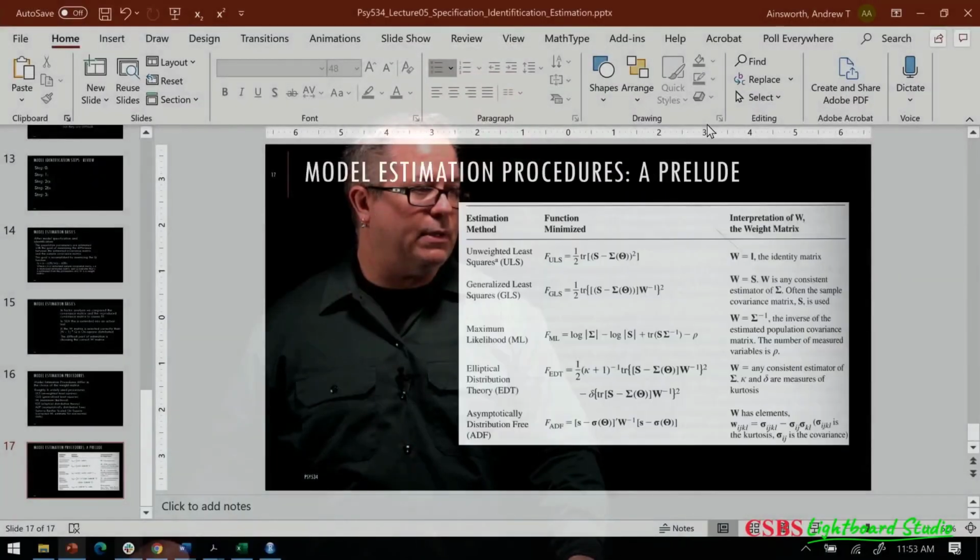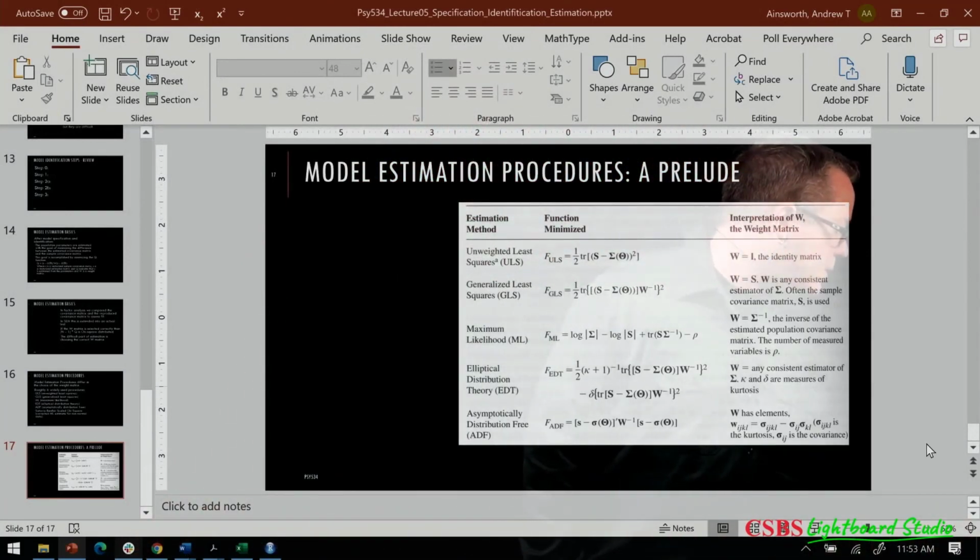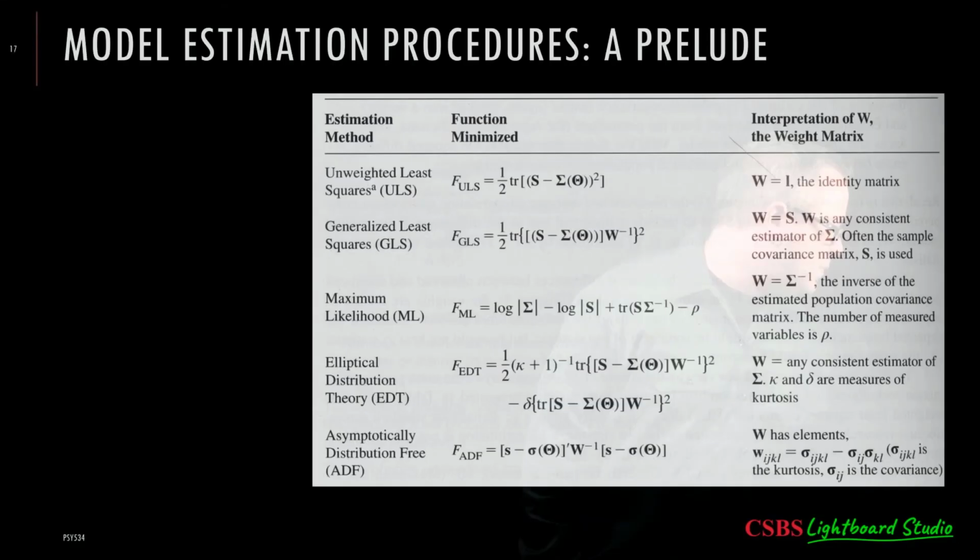All right, questions on estimation? The one thing that I do want you to understand is what the components are in that Q. So what is going on in Q?